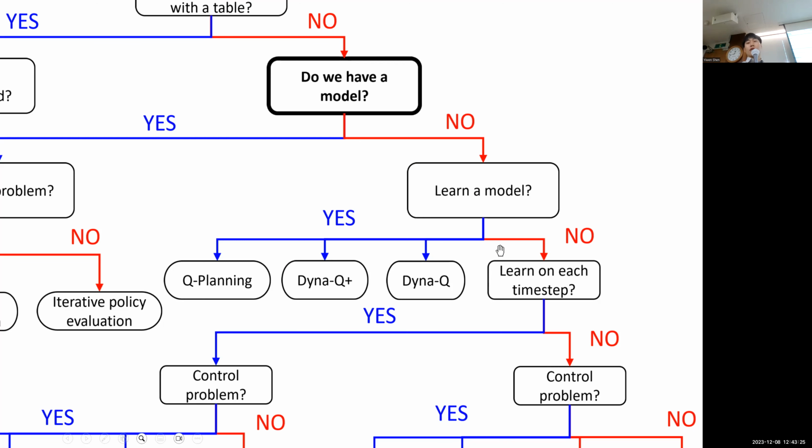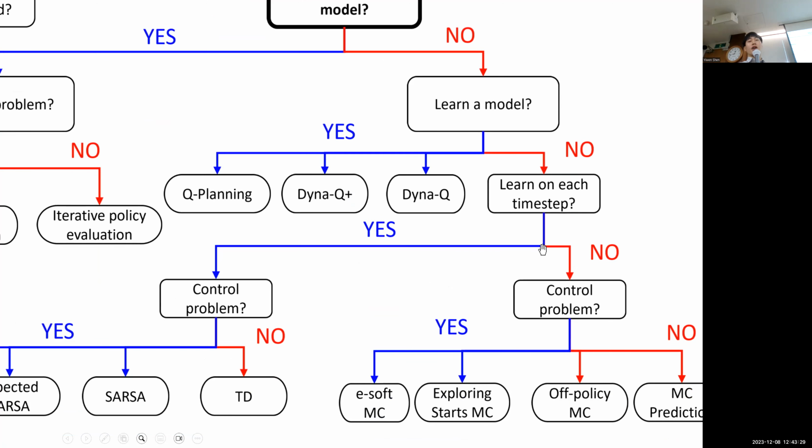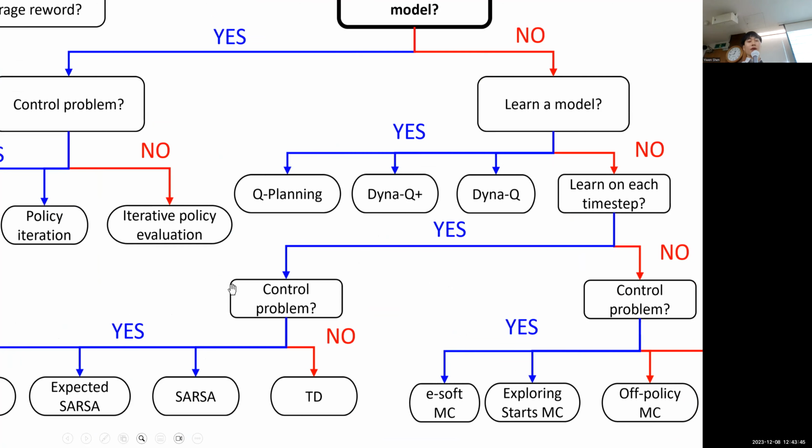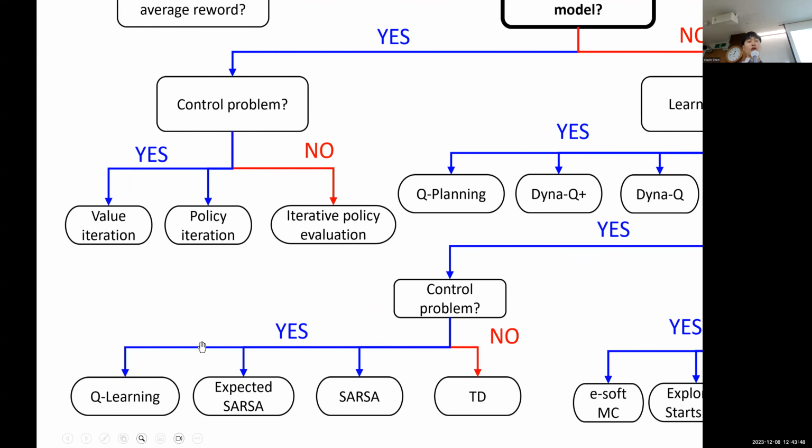If we don't want to learn a model, then we need to ask another question: do we learn on each time step? This actually divides into two groups, whether it's Monte Carlo or TD, right? If we want to learn on each time step, then it is yes, and we rely on multiple approaches we learned.